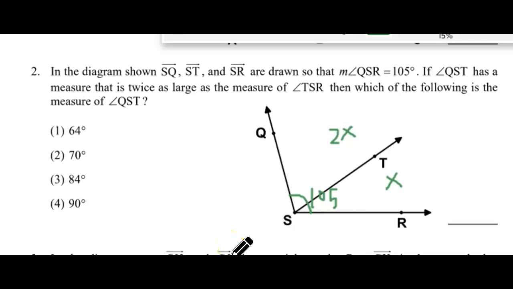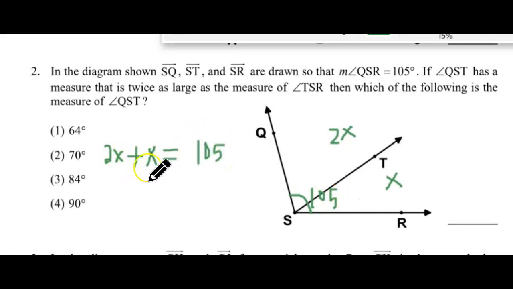So what do you think we're going to do? Anybody? We're going to add both: 2x plus x equals 105.